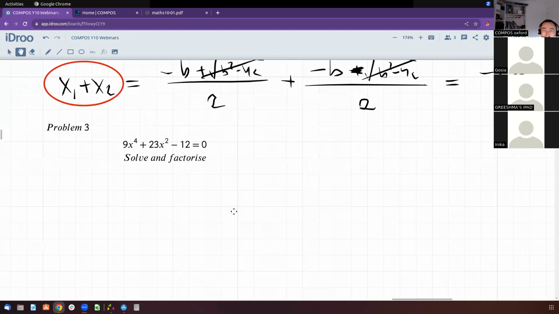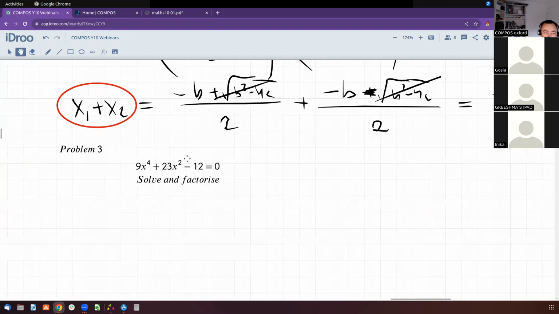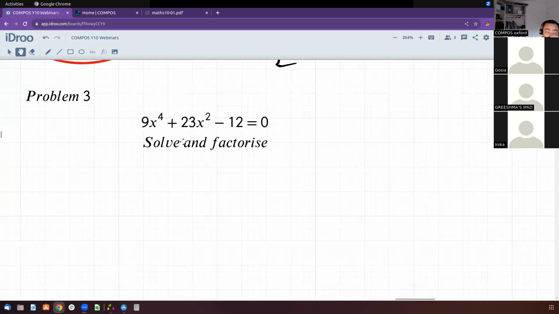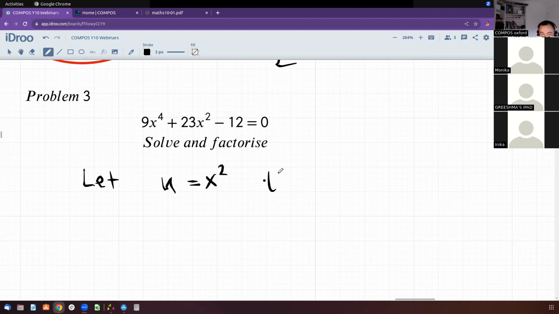Okay, so problem 3. Solve and factorize. So this looks like a quadratic equation, except it's not. But we can do something to it to make it a quadratic equation. So we notice that if we let u equal x², then u² is x to the power 4, isn't it?